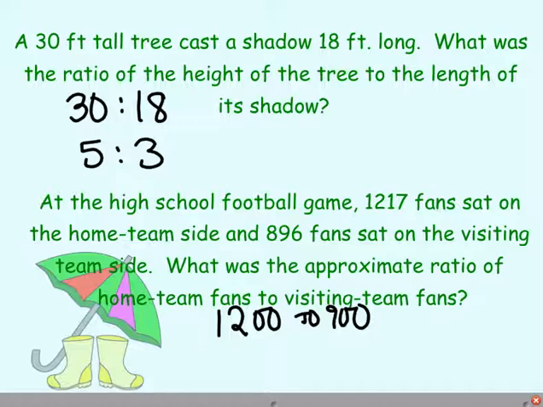Well, I can reduce that by quite a bit. We can get rid of the zeros by dividing by 100, and then we just have 12 to 9, which we can reduce and divide each of those by 3 to get 4 to 3. So the ratio of home team fans to visiting is 4 to 3.